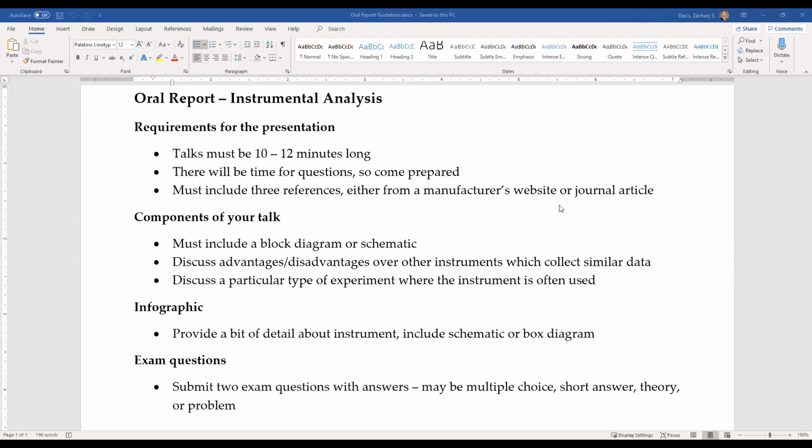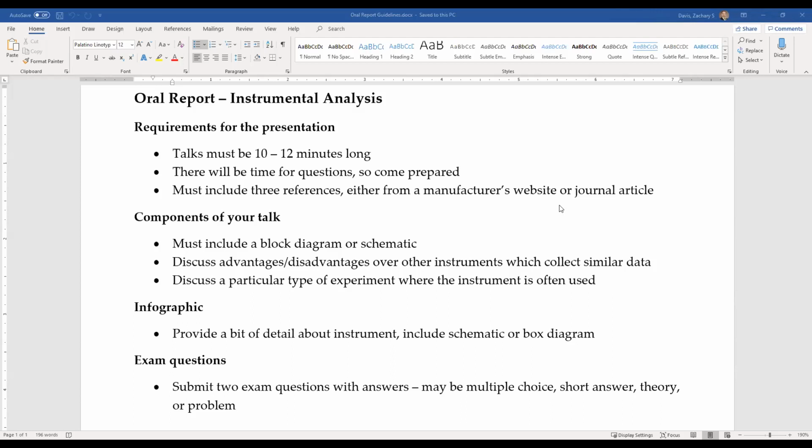Whereas a diode array collects very similar data without as good resolution or without as good stability, but it costs 1/20th the price. So what are the advantages or disadvantages over other instruments? And then give an example of a particular experiment where that instrument would be useful, where the data collected is meaningful. Okay. So that's in your talk.